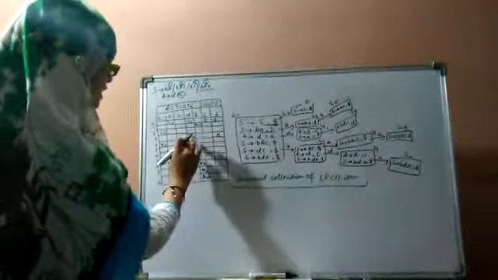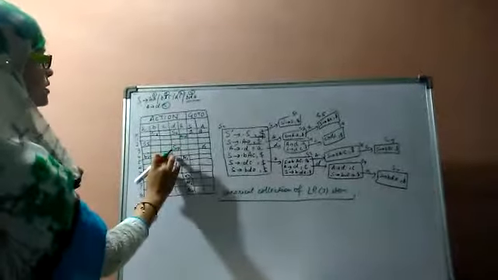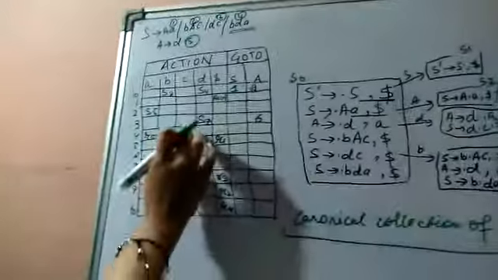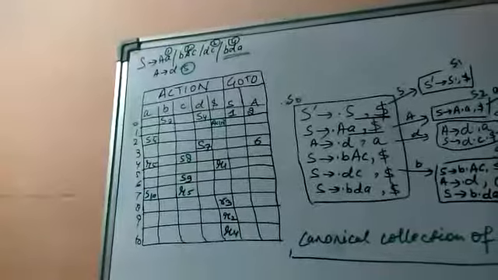Sorry for the mistake. Here at 3, there will be not S9 but S7, and at 4, column C, there will be S8. Now this is the whole explanation for my topic, that is LR1 parsing technique.